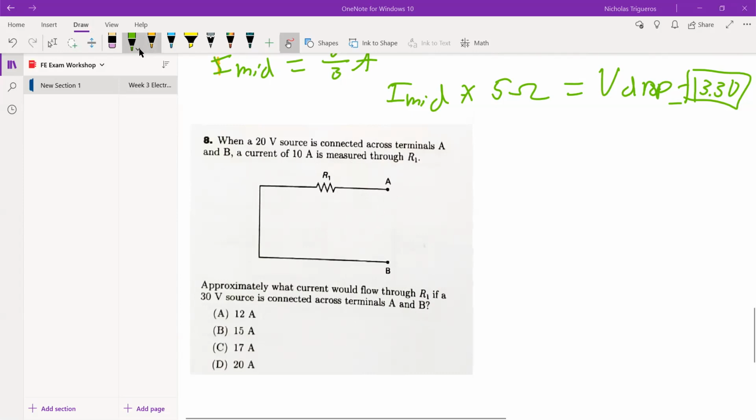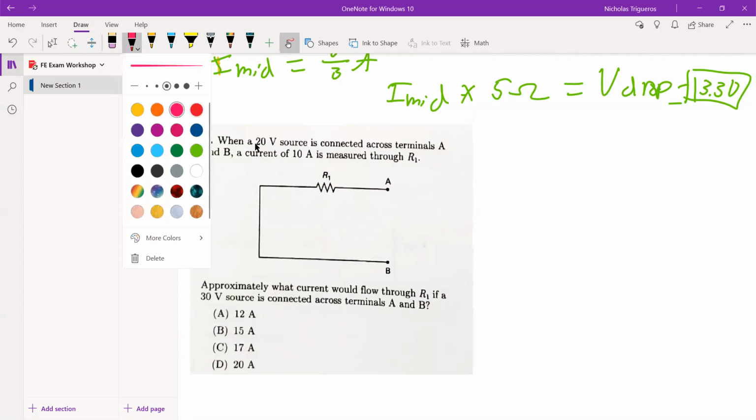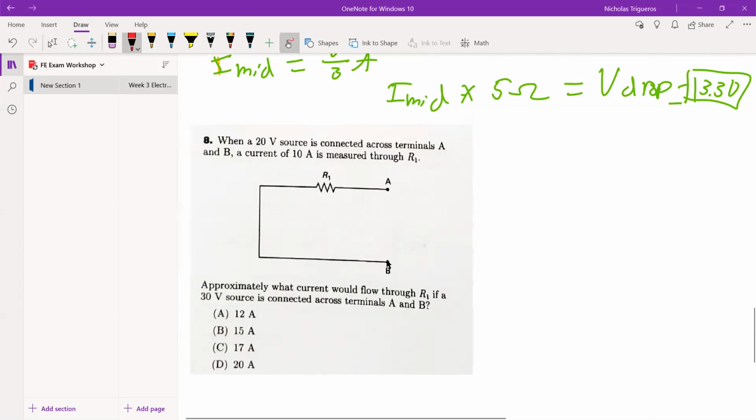So they're saying if we connected these two together with a 30-volt source, what would the flow, current flow, we want I, right? V equals IR, so I equals V over R.